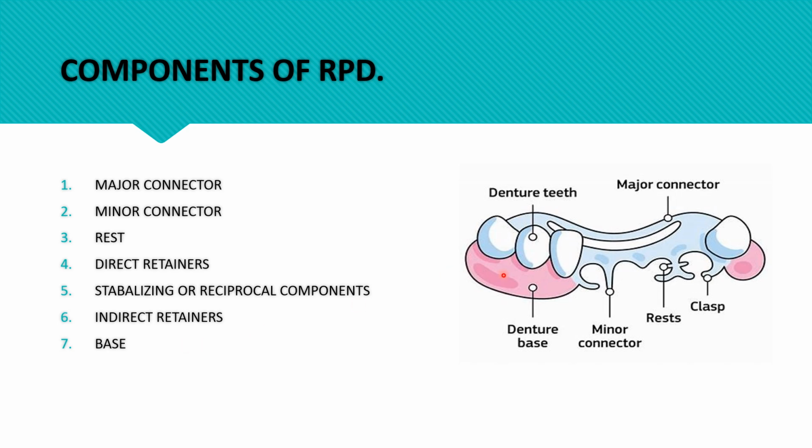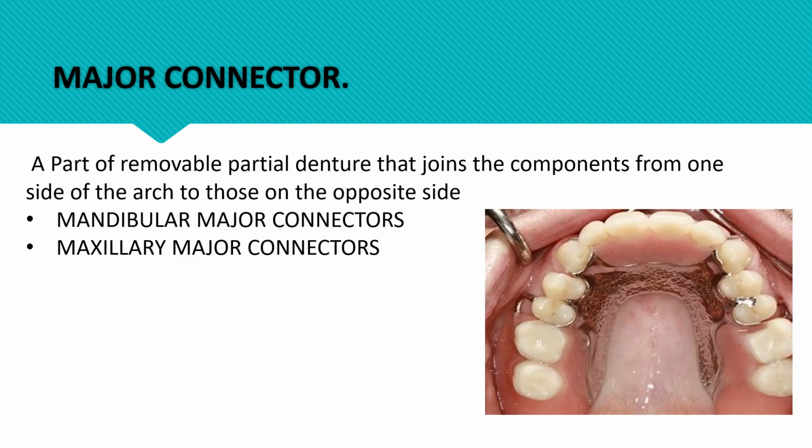So we have a major connector, a minor connector, denture base, obviously teeth. Then there is a rest, and this is your stabilizing component. So these were the components of your RPD.